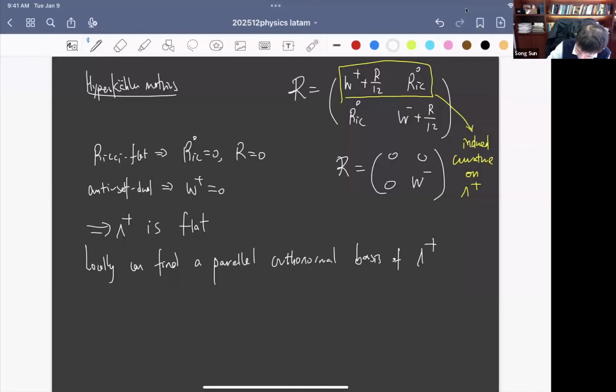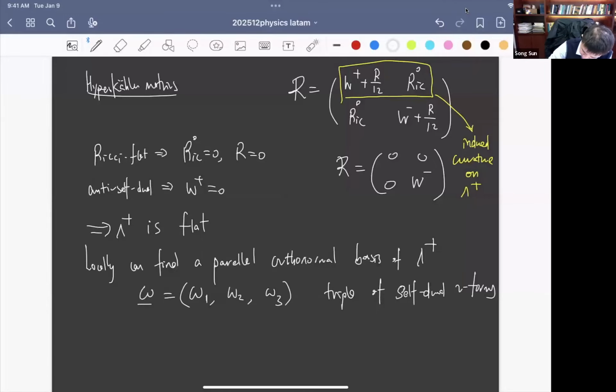So there will be 3 forms: omega 1, omega 2, omega 3. These are 3 self-dual forms. We form a triple. Omega bar is the triple of self-dual 2-forms, and each one of them is parallel. Again, parallel implies it's closed.